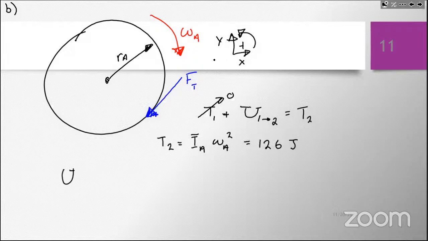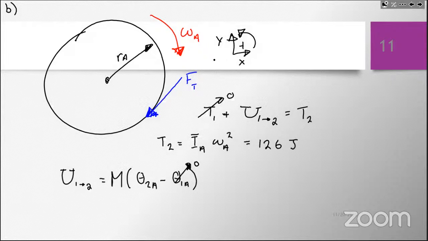What about U from 1 to 2? Since it's rotating, we'll call this 2A minus 1A, but we're going to do the same thing as before. At the start, this is going to be 0. This is not moving at the start.